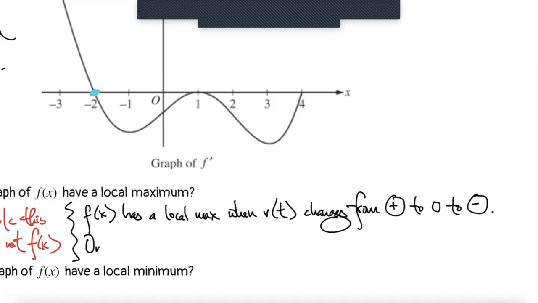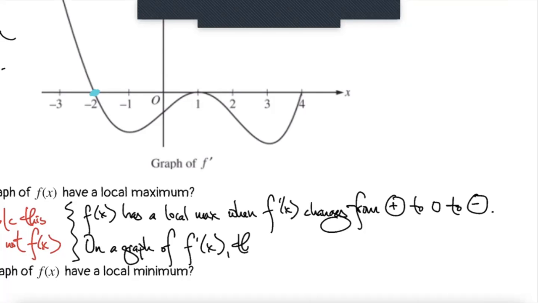So, and maybe let's use f prime of x instead. F prime of x changes. So on a graph of f prime of x, this occurs at x equals -2.